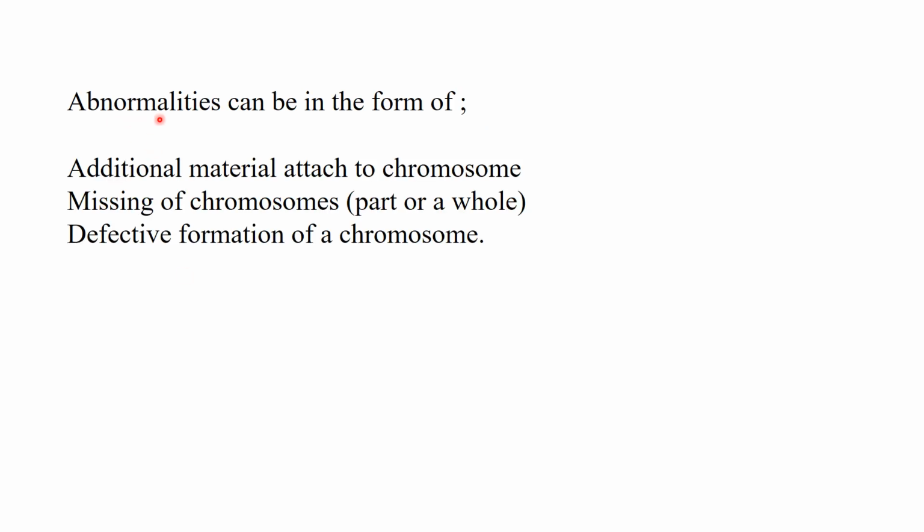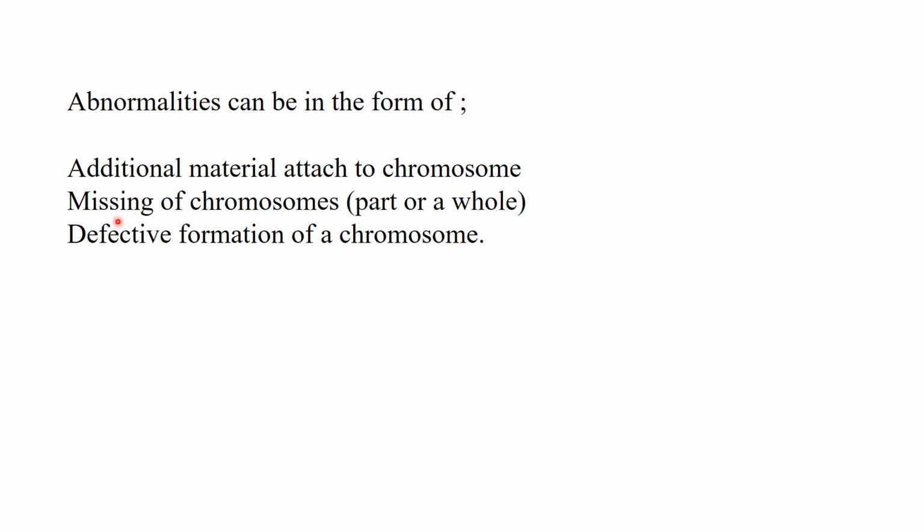Abnormalities or aberrations can be in the form of additional material attached to a chromosome. When a chromosome has an extra copy of the genes, that is called additional material attachment to the chromosome. It also leads towards abnormality.